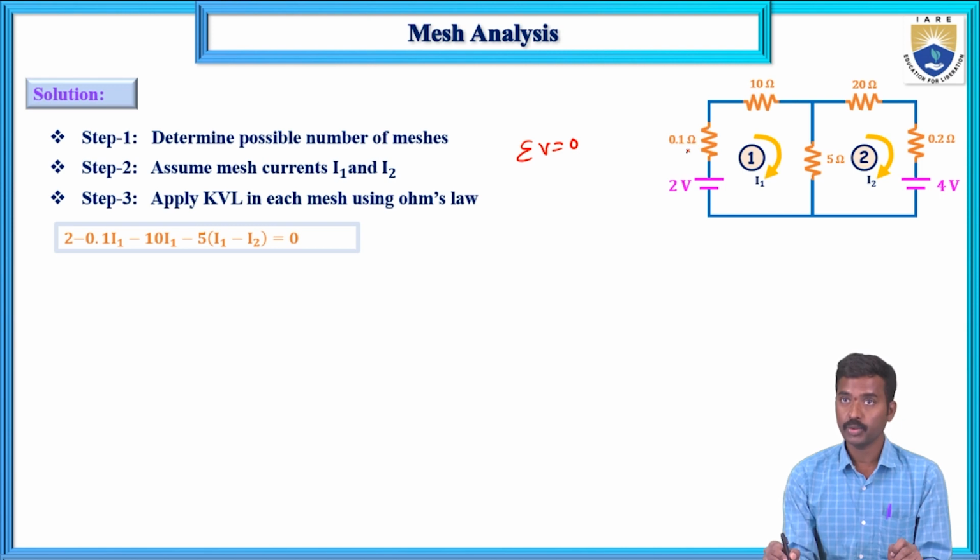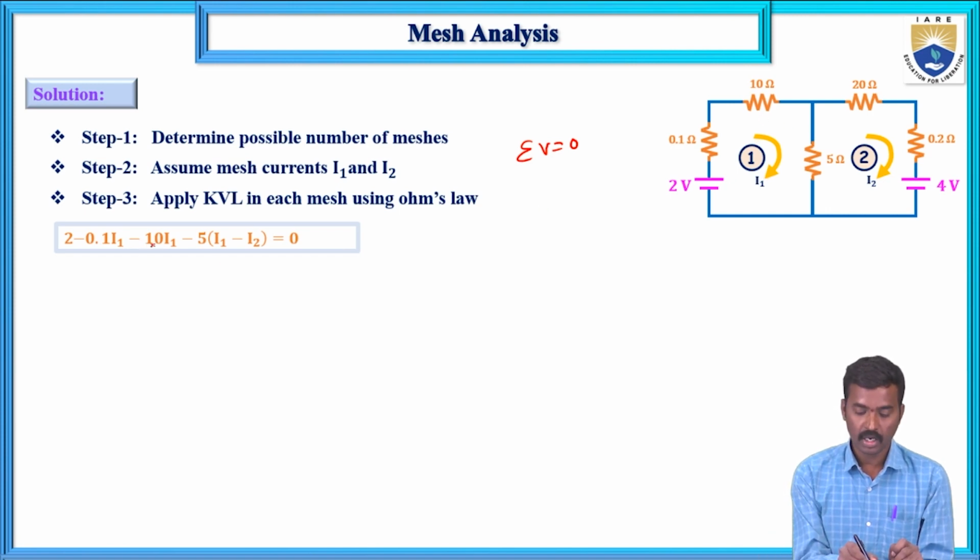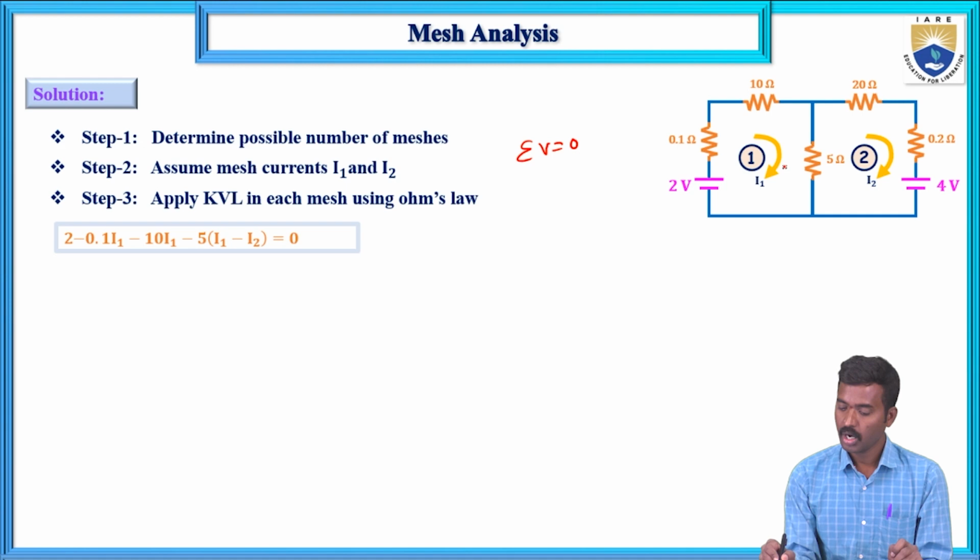Using Ohm's law, V is equal to IR, so that voltage equals I into 0.1. Dropping means minus 10 I1, minus 5 (I1 minus I2), is equal to 0. The algebraic sum of voltages in a loop equals 0.